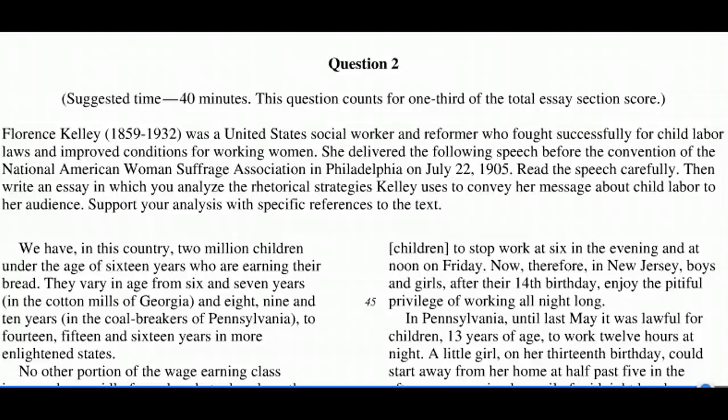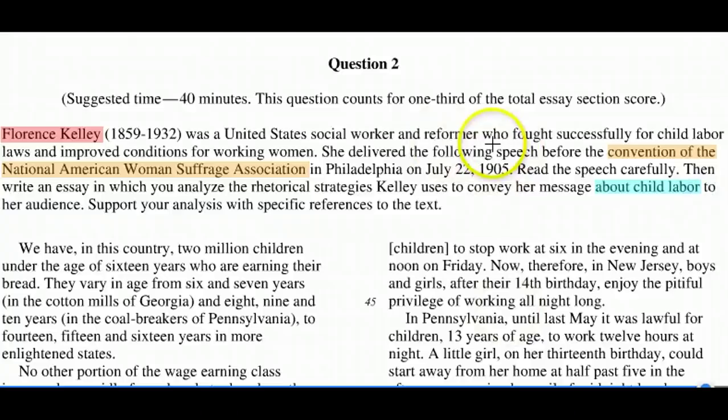Let's start with the author. Clearly, the author in this passage is Florence Kelly. The actual audience of this passage originally was the convention of the National American Women's Suffrage Association in Philadelphia. The subject is child labor.